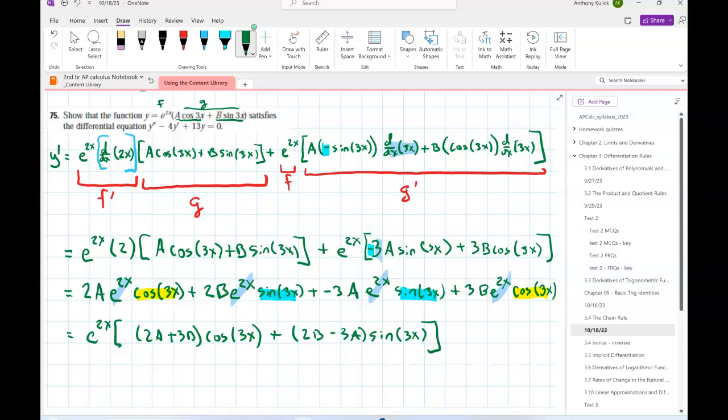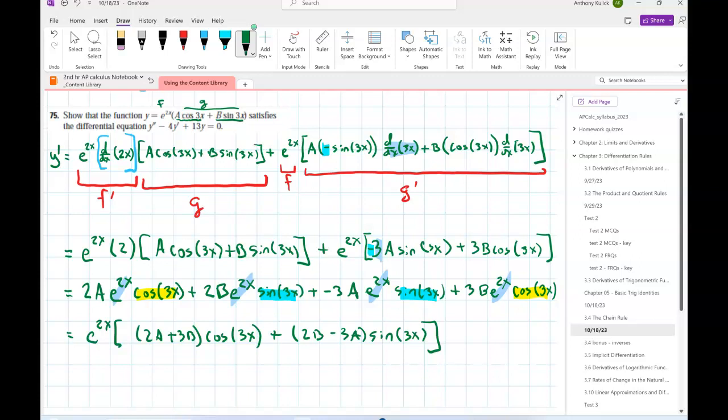Couldn't you just leave it at the first step? You could, but if I left it at the step before, when I go to do my second derivative, I have 1, 2, 3, 4 product rules, and inside of each product rule are 2 chain rules. I'll have to do a chain rule for the e to the 2x part, and a chain rule for the sine or cosine of 3x part, which doesn't sound like a lot of fun.